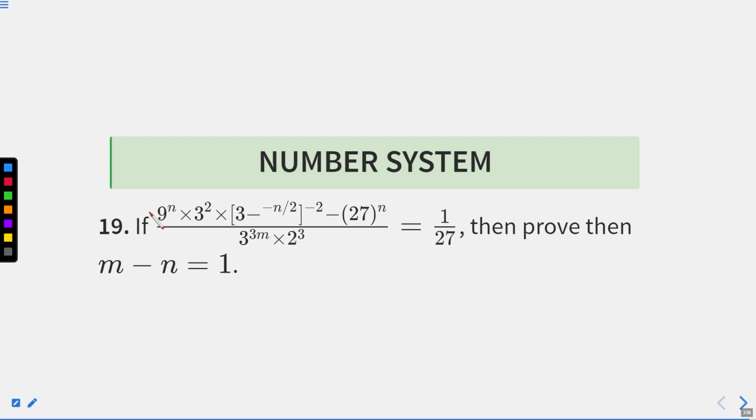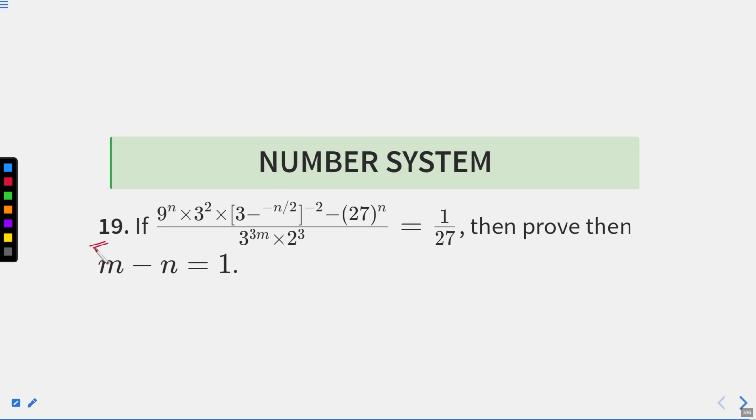If you are not honest with your exercise, then you can't do this question. If you have a very sincere attitude towards study, then you will find this question very easy to solve. So please do solve this question.